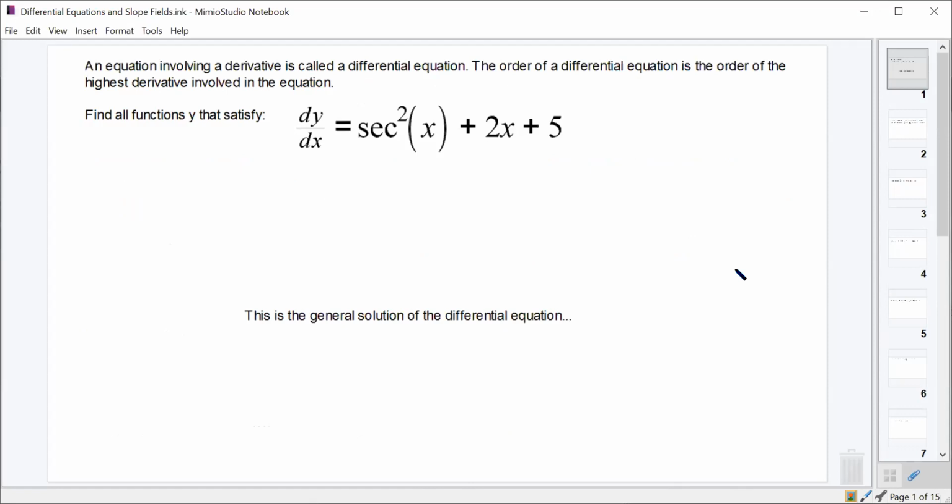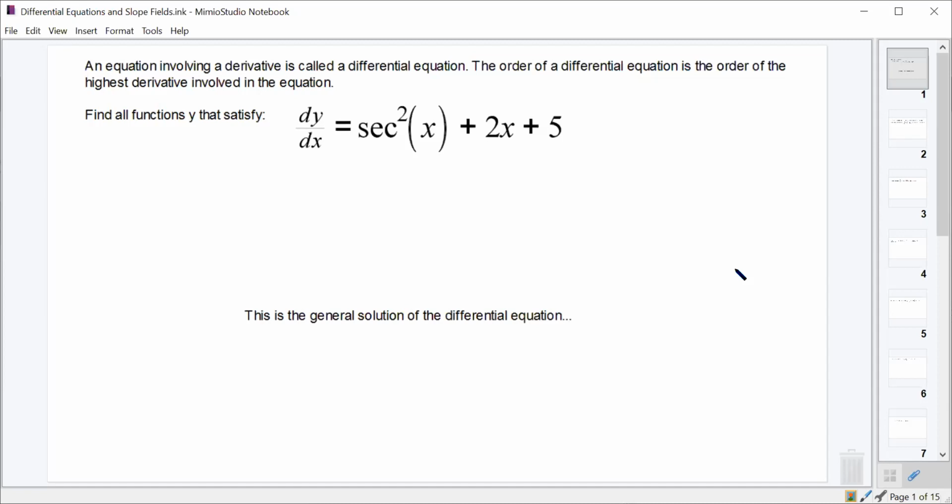Any equation that involves a derivative within it is called a differential equation. We can talk about different orders of differential equations, meaning we might have a higher derivative than a first derivative.